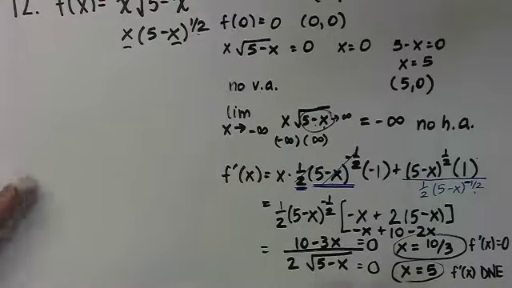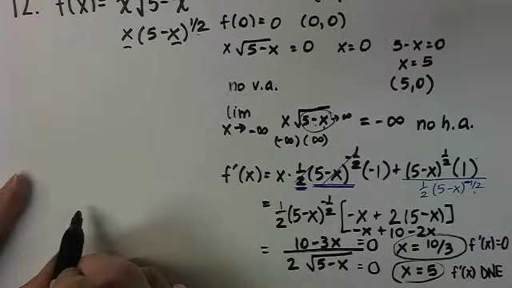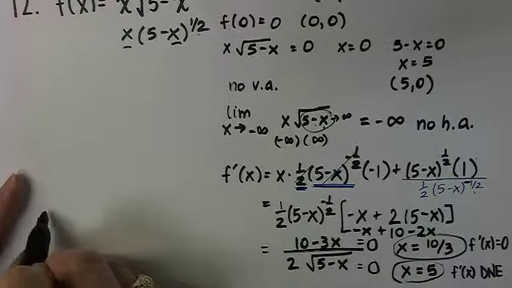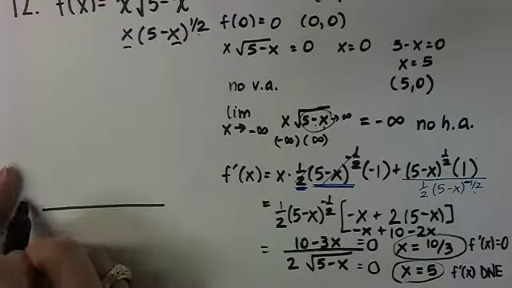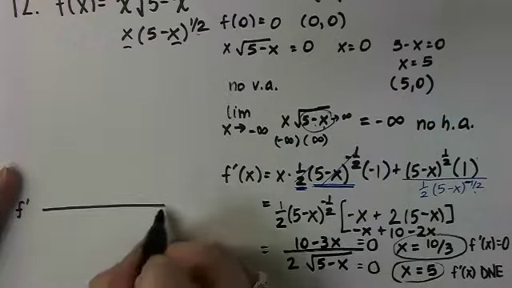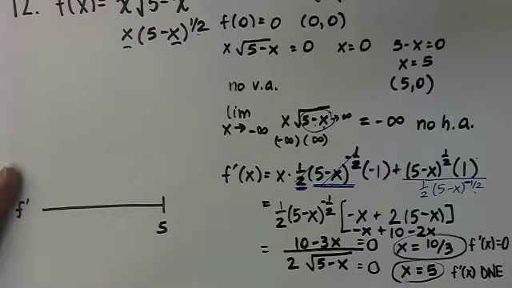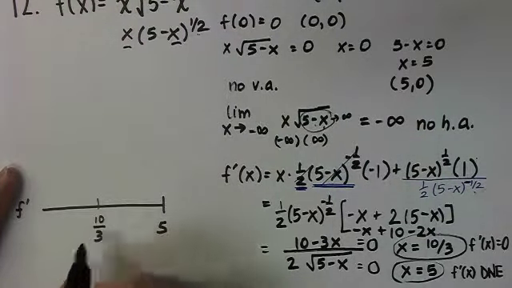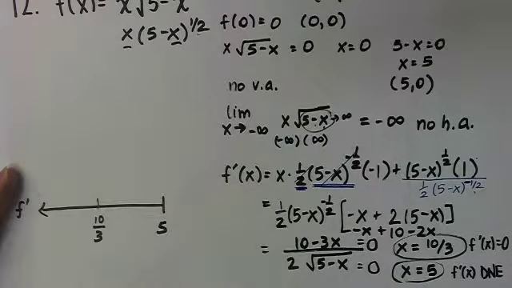So then let's make a sign chart. Let's see, where am I going to fit this? I'm going to come back to this paper, but we'll do the sign chart here. All right, less than or equal to 5. So the sign chart stops at 5, and then 10/3 is our critical number. This heads to negative infinity.